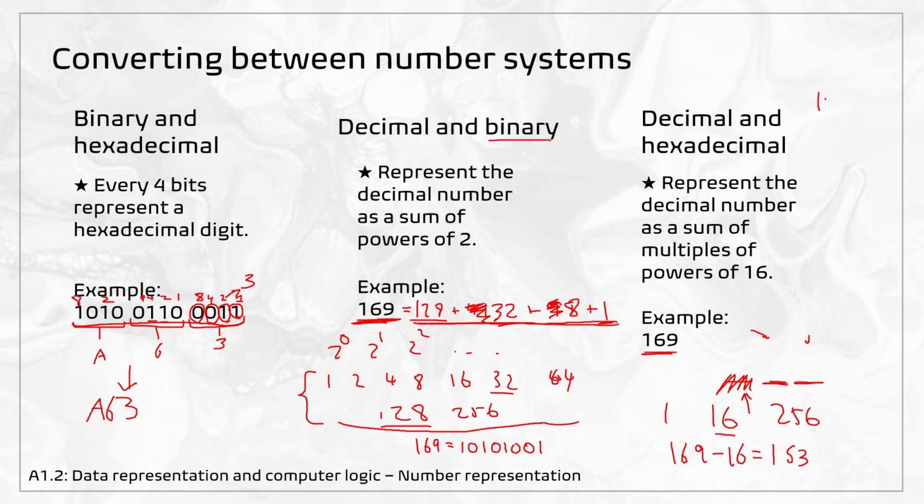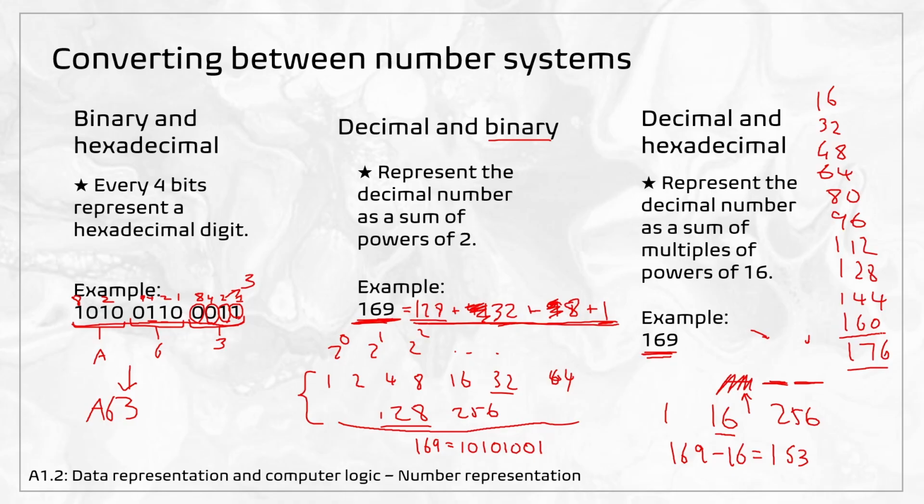So what do we have? We have 16, 32, 48, 64, 80, 96, 112, 128, 144, 160, and so on. And let's just write 176 here as well. So 160 goes into 169, but 176 doesn't.